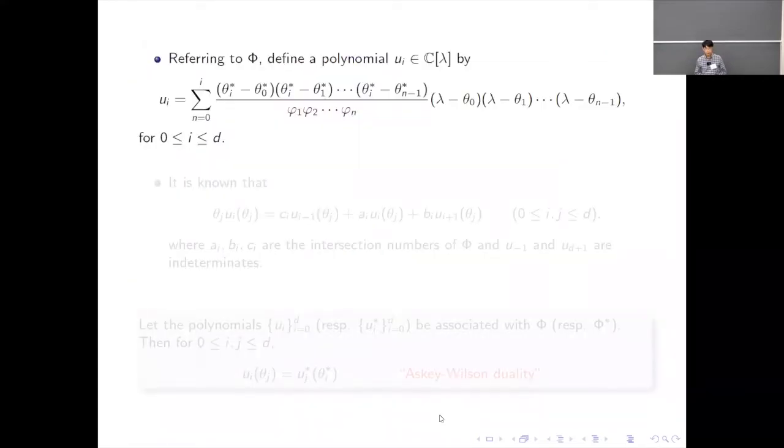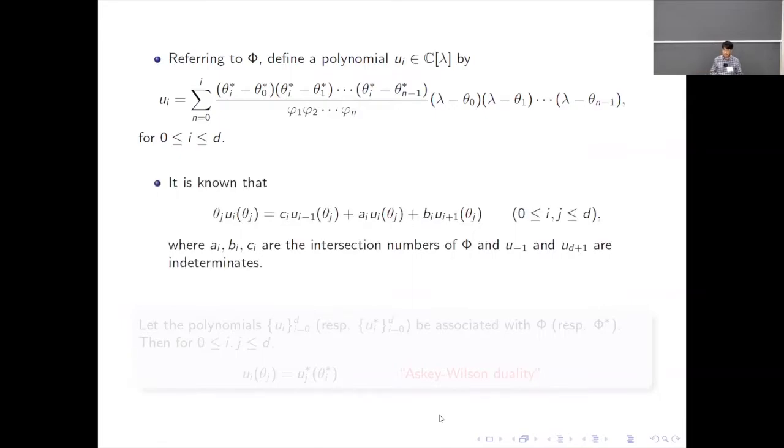Now, with respect to our Leonard system, we define a polynomial u I as you see here. So u I is the sum of this quantity. Then this polynomial u I satisfies these three-term recurrence relations.